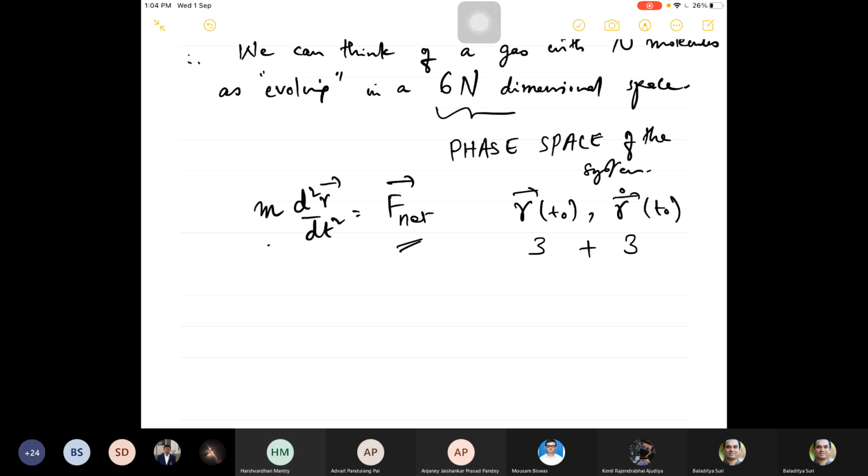So this evolution of the initial conditions from the initial point to the final point happens in a 6n dimensional space, and that is called the phase space of the system.